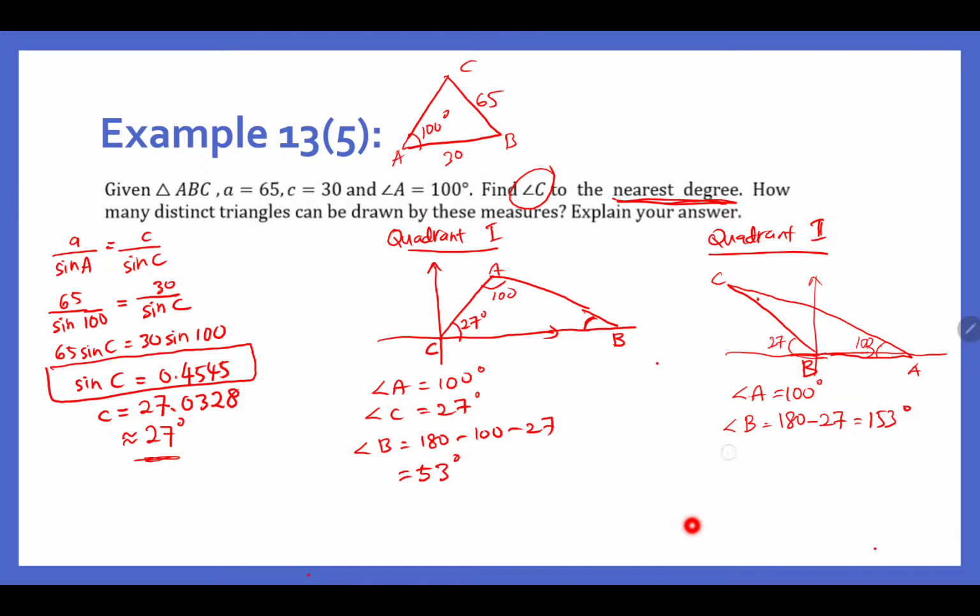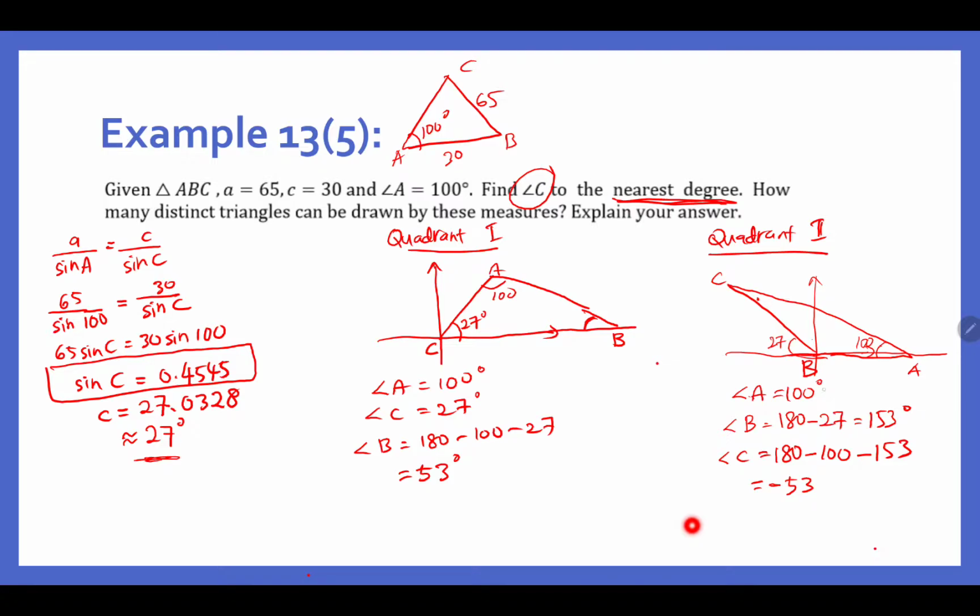Okay, and then angle C: 180 minus angle A, minus angle B. But here we will get a negative answer, negative 53. So it is impossible for C to have a negative angle. There is no negative angle for C.